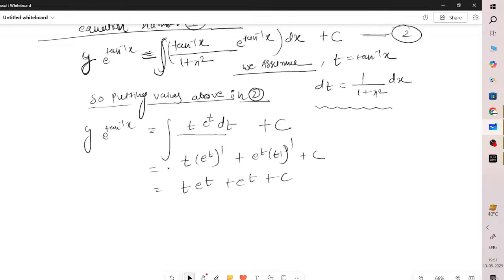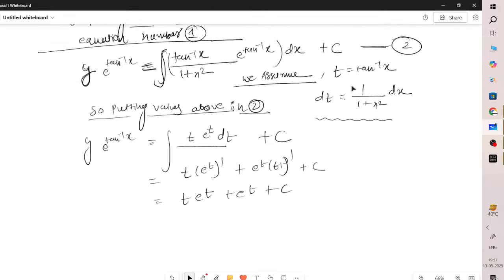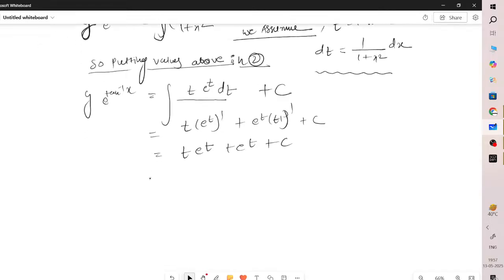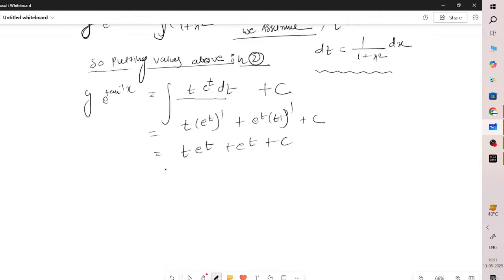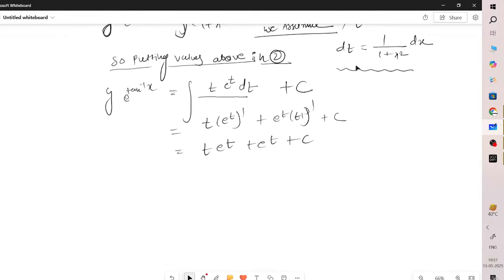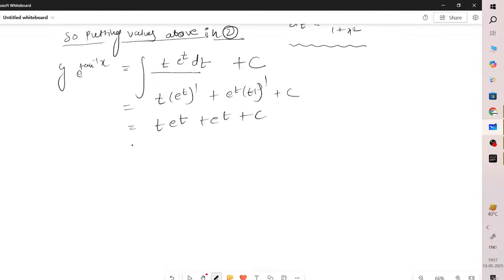Now we put the value of t again in this to get our solution in terms of x. So what is our t? Tan inverse x. So this is tan inverse x times e to the tan inverse x, minus e to the tan inverse x, plus c, which equals y times e raised to the power tan inverse x.